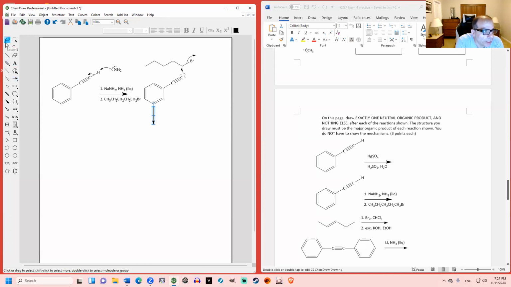And so the final product, the one you'd actually draw in your answer, you wouldn't show this alkynide anion in your answer. One, two, three, 4, 5.